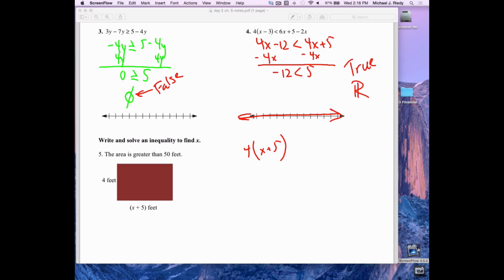But I don't have an equation or an inequality yet. It's greater than 50. Beautiful. There's my inequality. Now we go about solving that. Okay, what did you say the first step was, Sam? Distribute. Okay. 4 times x is 4x. 4 times 5 is 20. Subtract 20 from both sides.